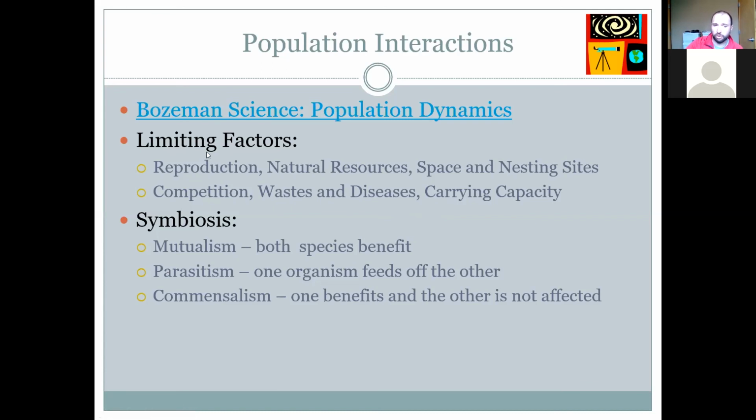So if there's more competition for food, if there's more competition amongst predators, then that's going to limit the amount of animals there are. Wastes, diseases, okay? And carrying capacity. Those are kind of straightforward. So those would be some things that limit the amount of animals that can exist in an ecosystem.